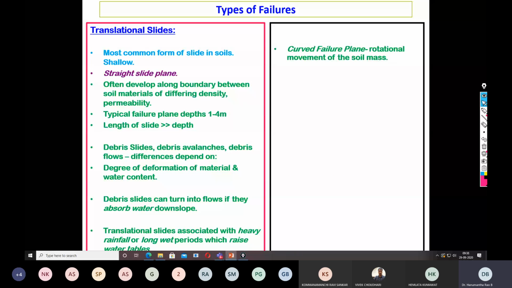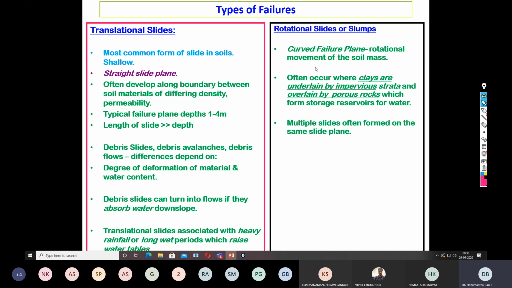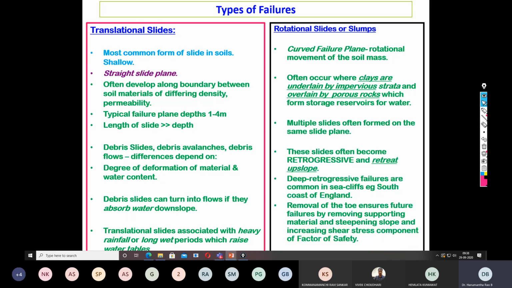And normally in soil mechanics, we talk about basically two things. One is translational slides, the next is rotational slides or slumps. This is the fundamental distinction between translational and rotational. In the case of rotational, the surface is a particular curve.